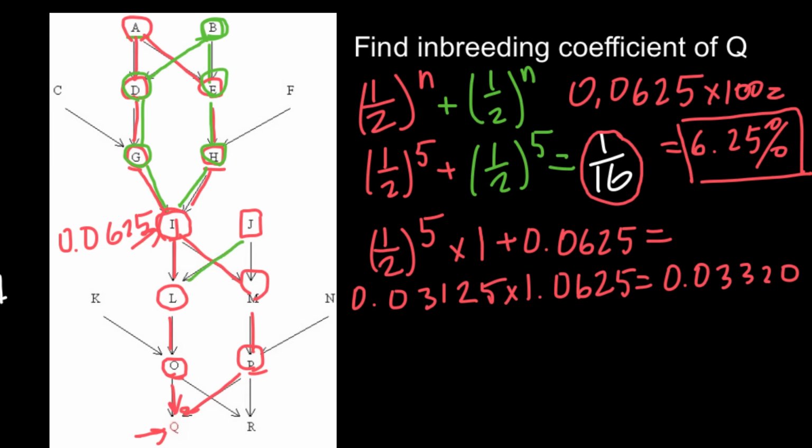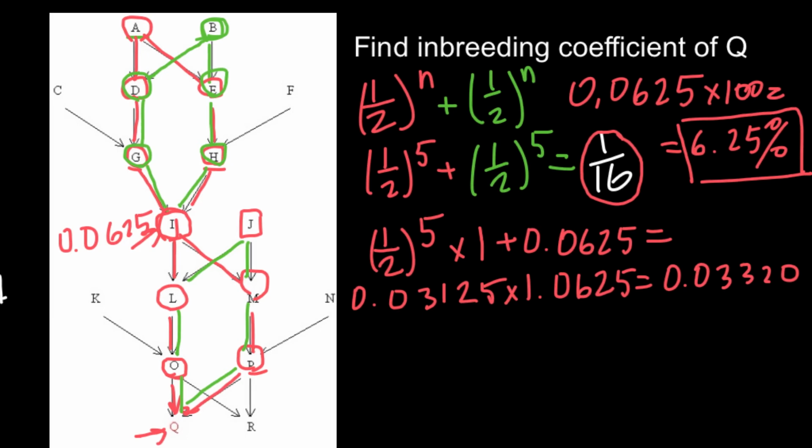And do not forget that we have also a second pathway, a second ring here. So this is going to be our second ring. Individual J also can contribute the same type of allele to individual Q, and this would lead to homozygosity of the individual Q and inbreeding.